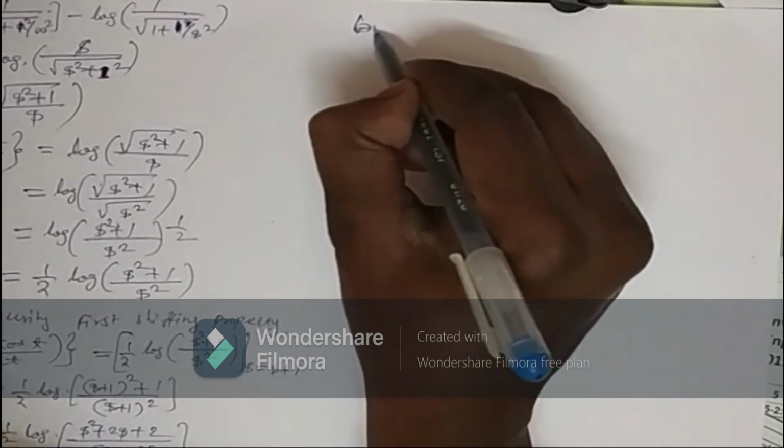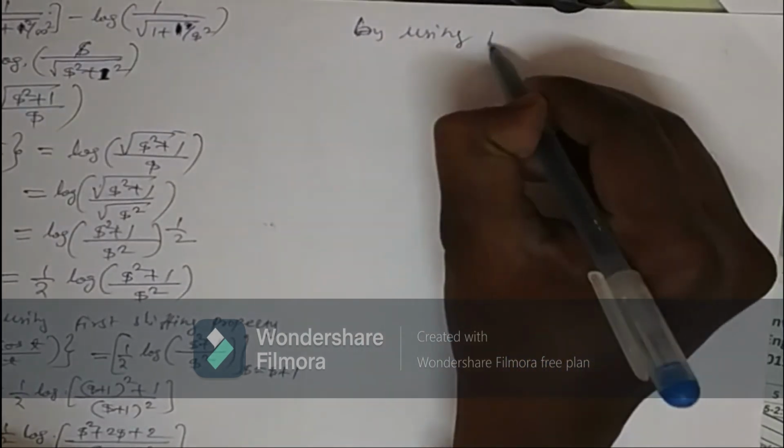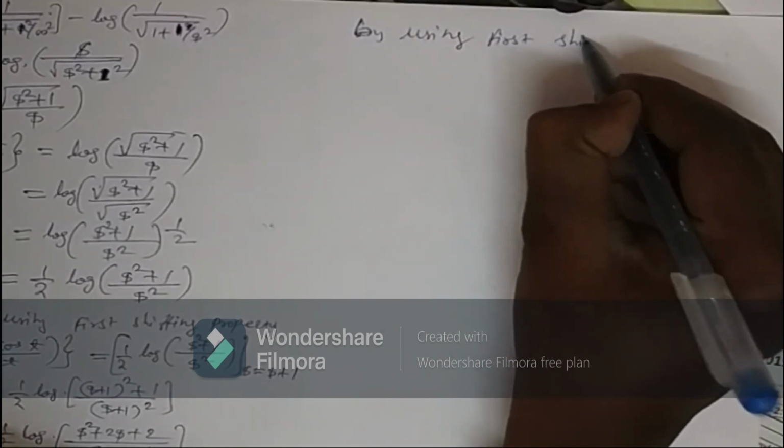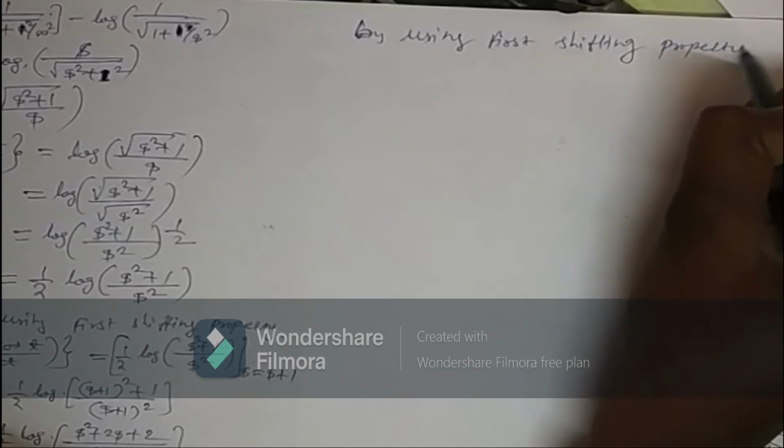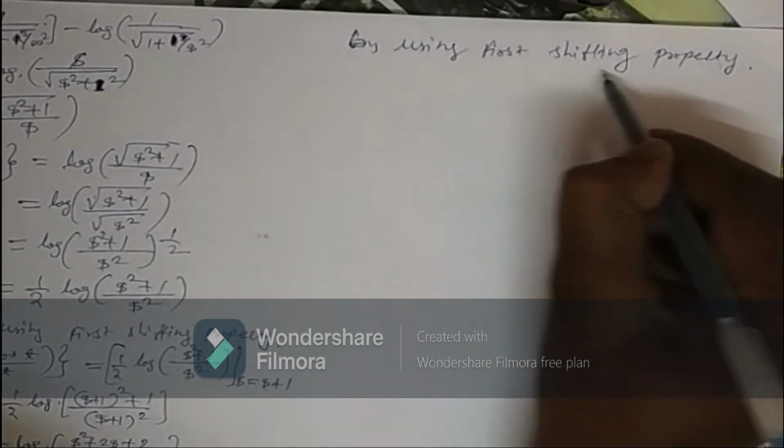Again, lastly, by using first shifting property, and this is the last step.